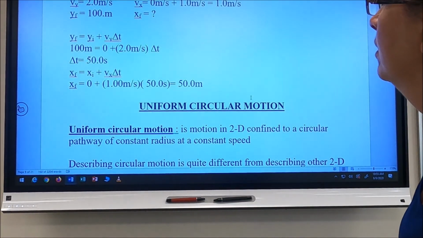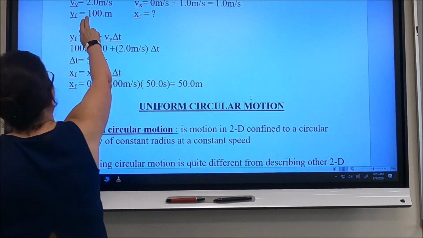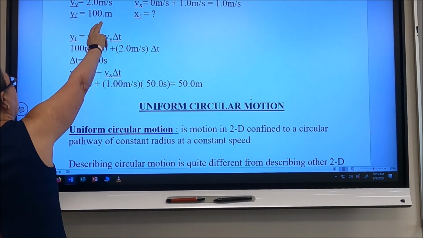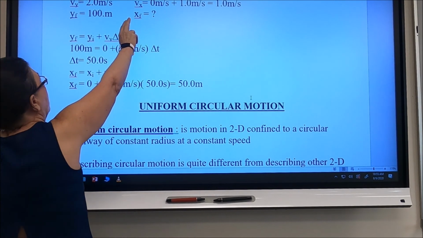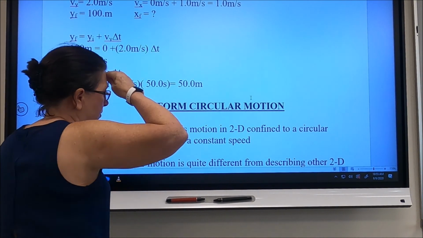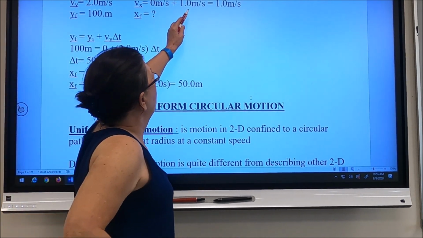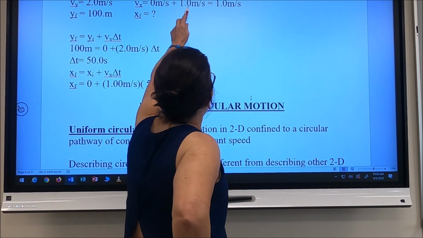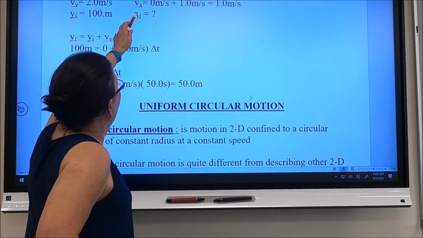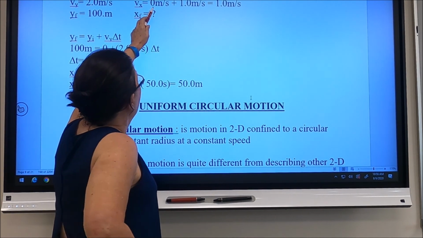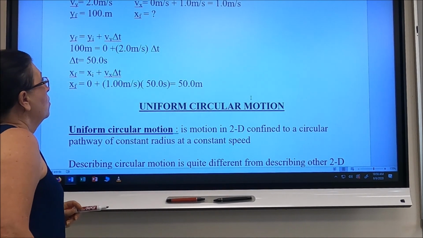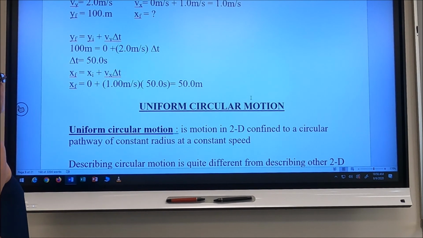So velocity in the reference frame is 2 meters per second. Y final is 100 meters in both. The velocity of the moving reference frame is 1 meter per second. So the velocity in the stationary frame is 0 meters per second plus 1 meter per second, or 1 meter per second.